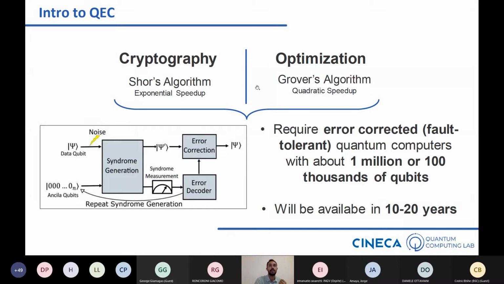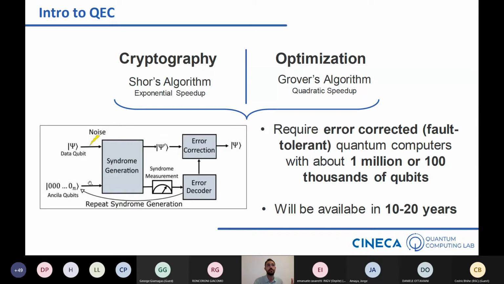In order to run this kind of algorithm at large scale, on real world problems, you need error correction. So you need a quantum computer that is fault tolerant.